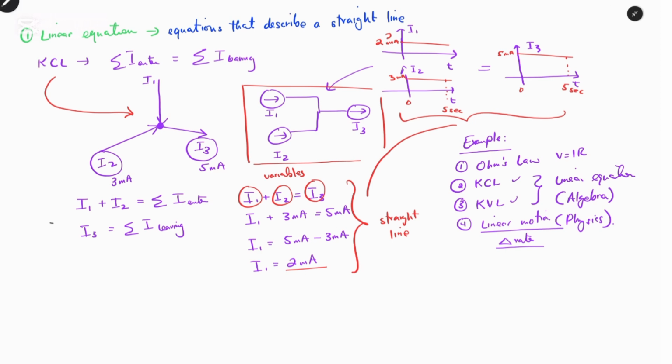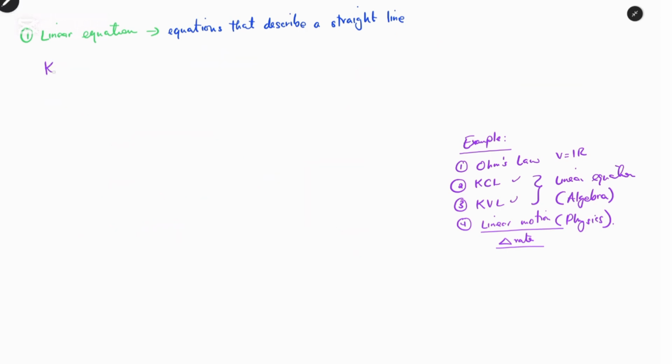Another linear equation can be found under the Kirchhoff voltage law. So what is the Kirchhoff voltage law? It states that the sum of all voltages in a closed loop circuit is equivalent to 0.